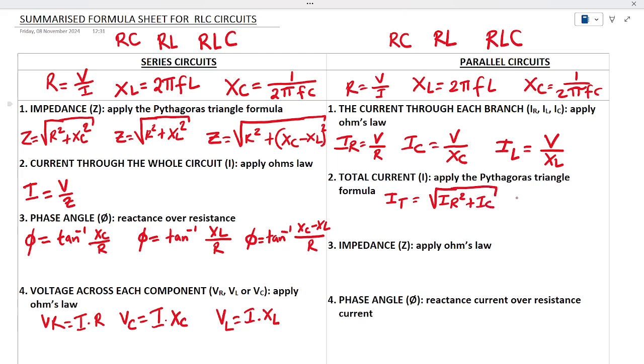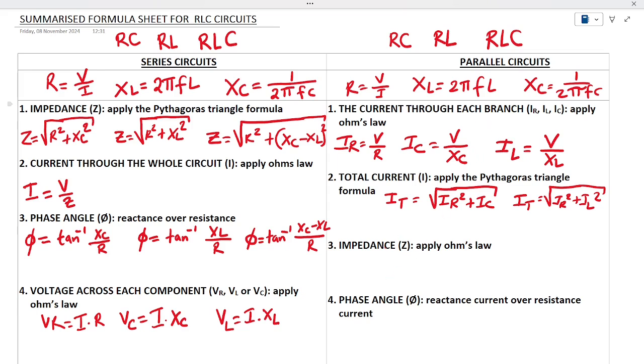When we are dealing with RL circuits, I total is equal to the square root of IR squared plus IL squared. That is when you are dealing with RL circuits.